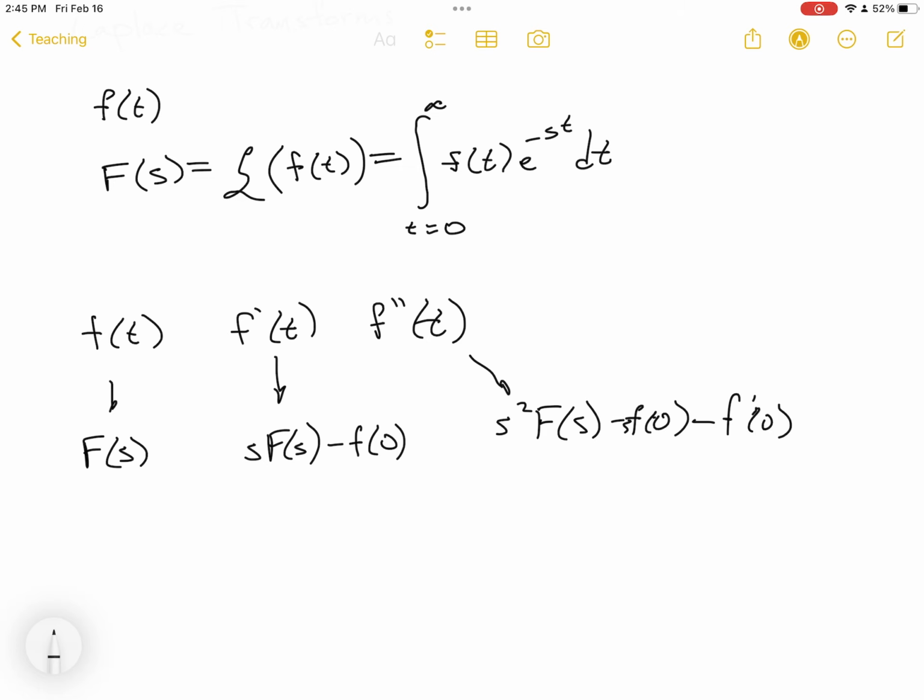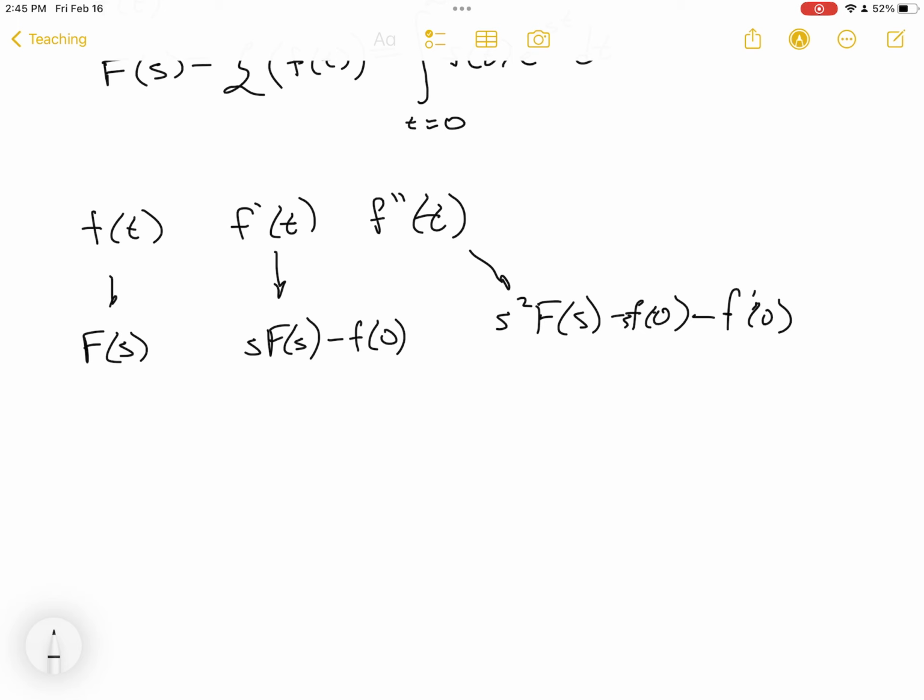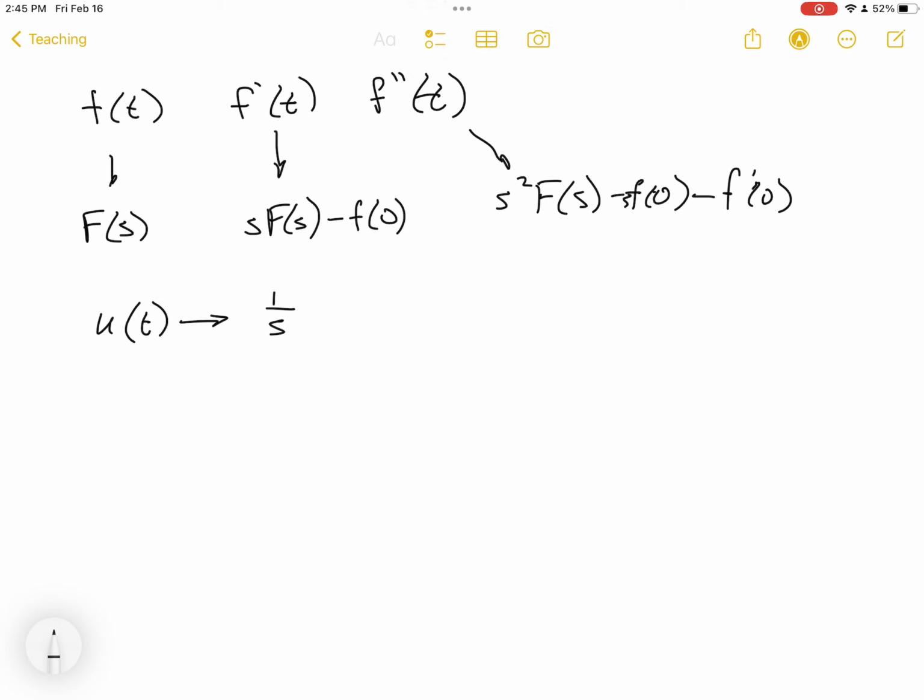And if you have an input that is a unit step u of t, the Laplace of u of t is 1 over s. So when we're looking at, for example, some second order differential equation, maybe it looks like y double dot plus 7y dot plus 12y equals some inhomogeneous input.